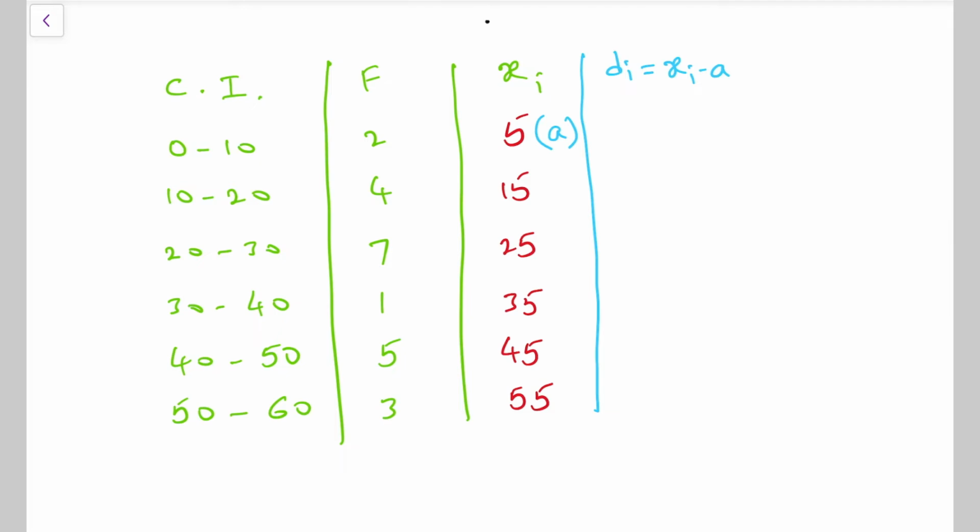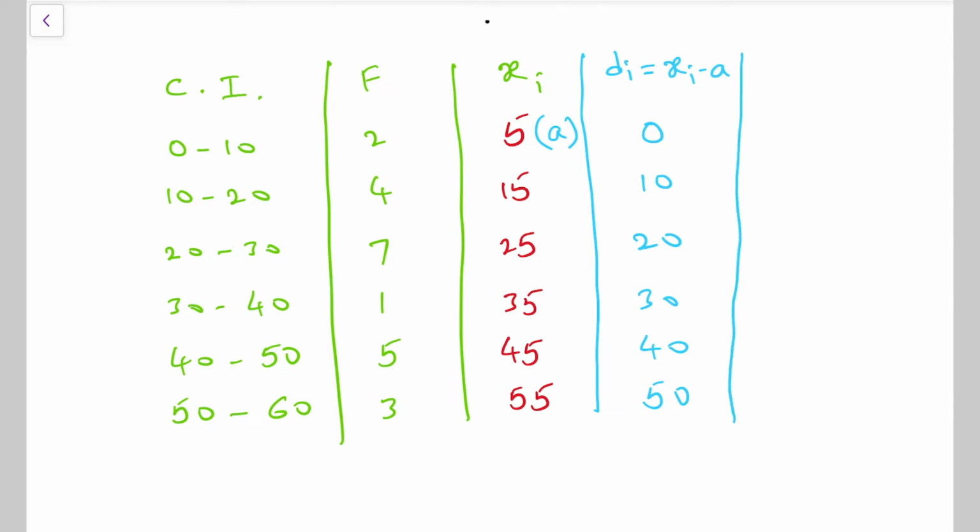Now from every number of this xi, you need to subtract that chosen number. So 5 minus 5, 0. 15 minus 5, 10. 25 minus 5, 20. 35 minus 5, 30. 45 minus 5, 40. 55 minus 5, 50. So these are di values.